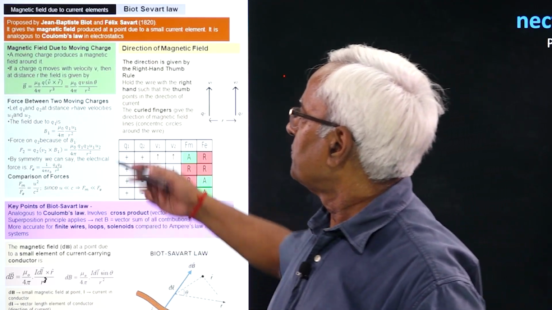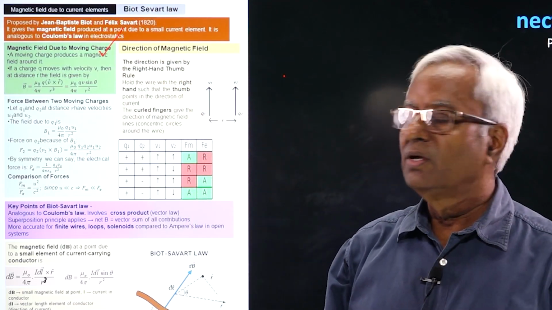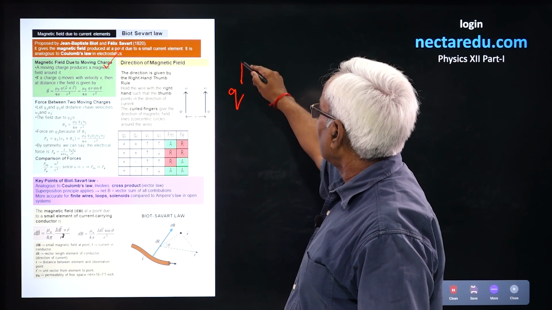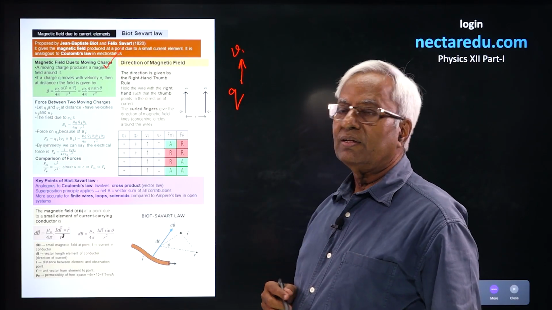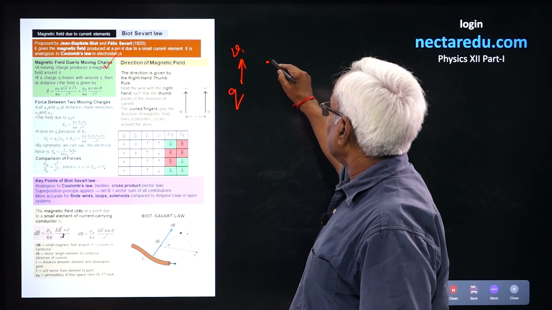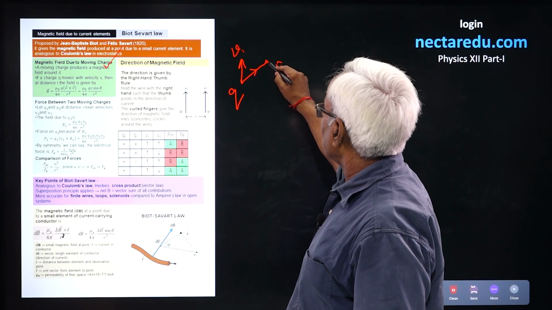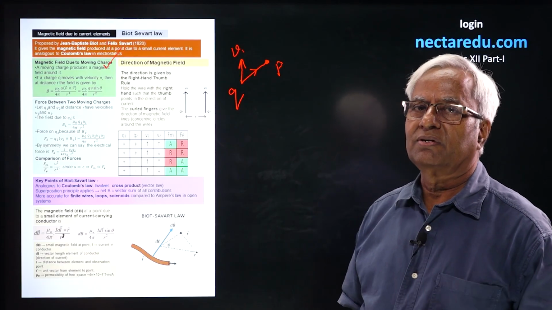First of all, we are going to study magnetic field due to a moving charge. Suppose a charge Q is having the velocity v. Then at a particular point, the magnetic field produced by it will be given by a relation.